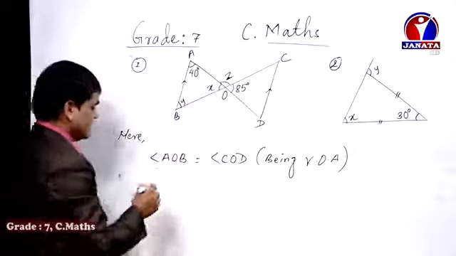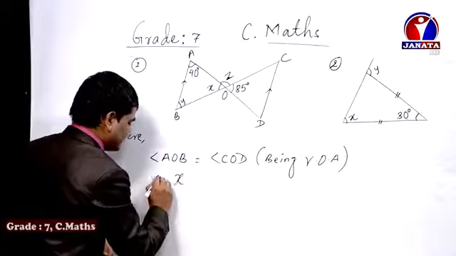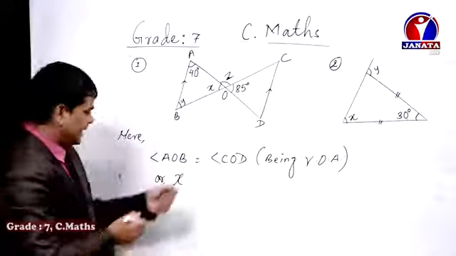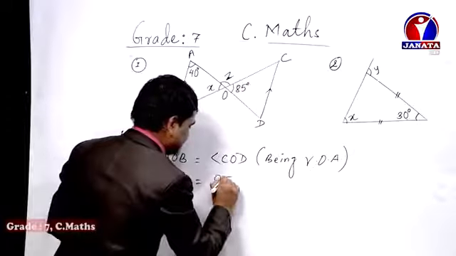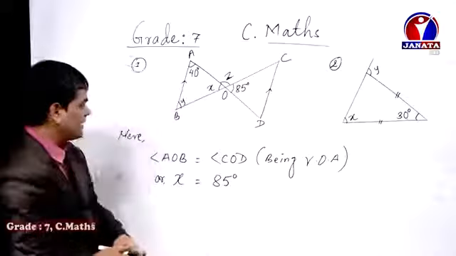AOB is written as X, so in the second statement we write X, and we write the value of COD as 85 degrees. So we found the value of X.